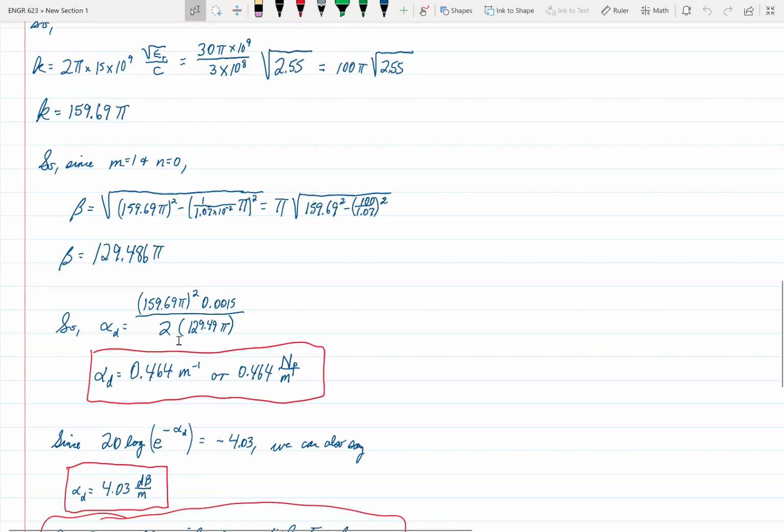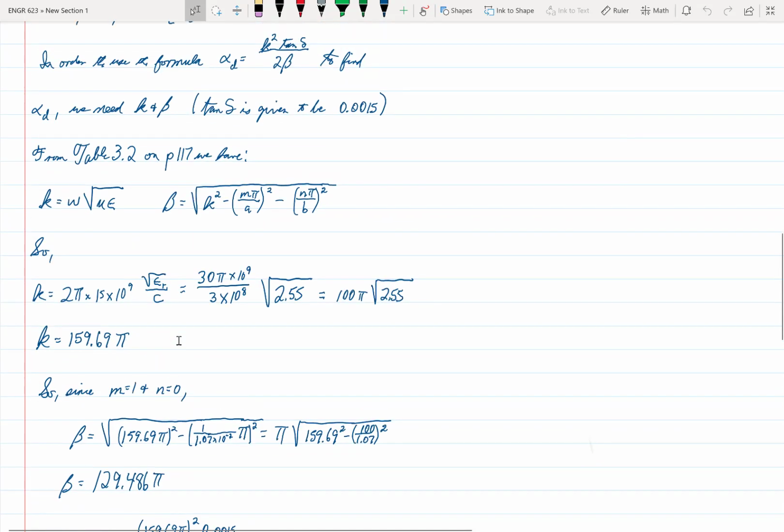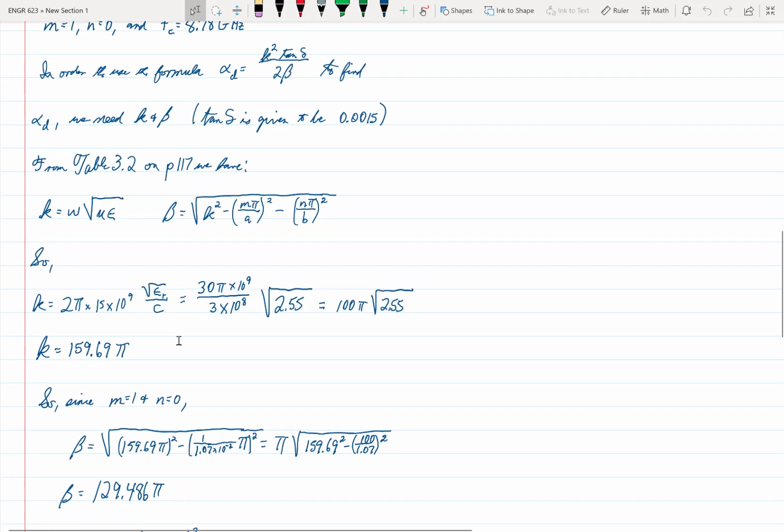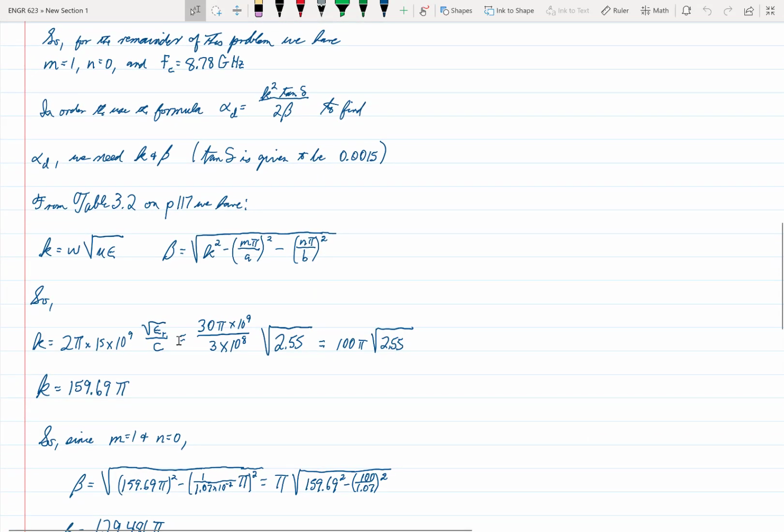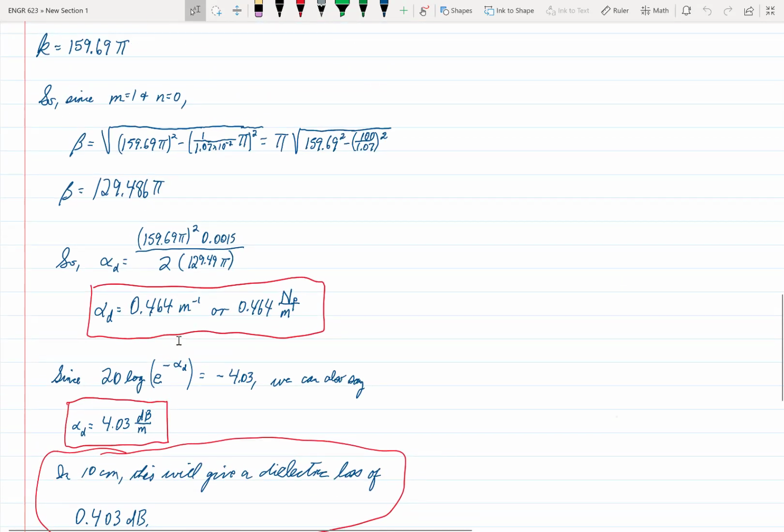When we plug k, beta and the tangent delta into our formula for alpha sub d, we get that alpha sub d is equal to 0.464 inverse meters, or you could also express this as 0.464 nepers per meter.